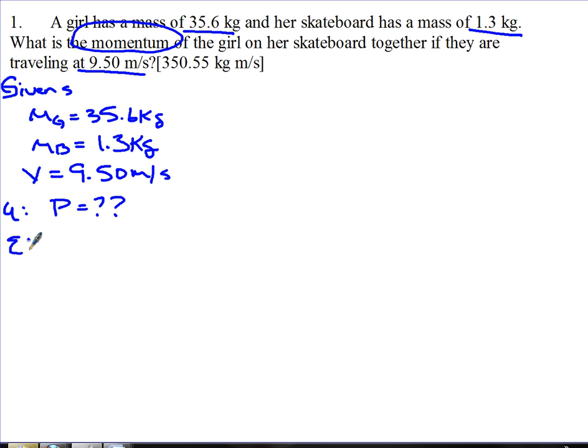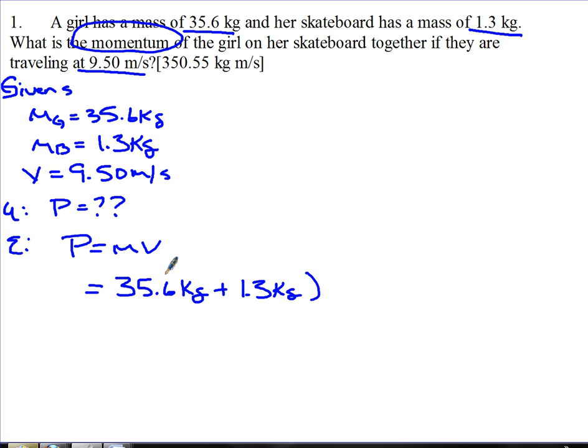My equation, let's go to the definition. P equals mv. Now this has got to be the total mass. So this is going to be 35.6 kilograms plus 1.3 kilograms times my velocity of 9.50 meters per second.